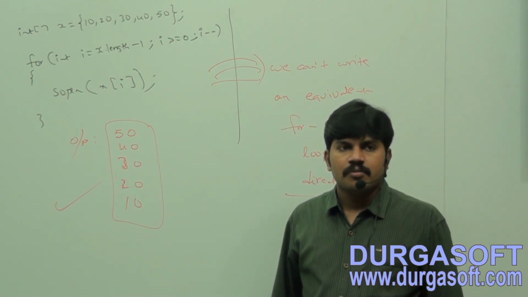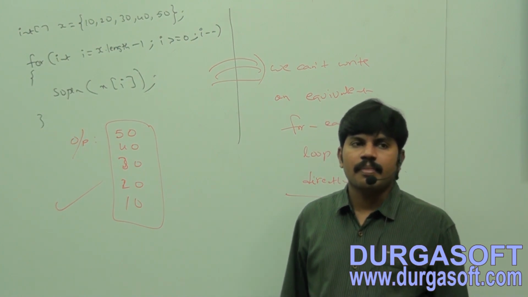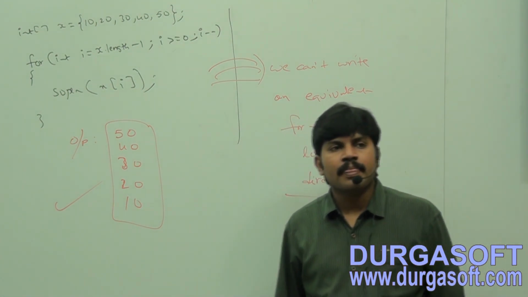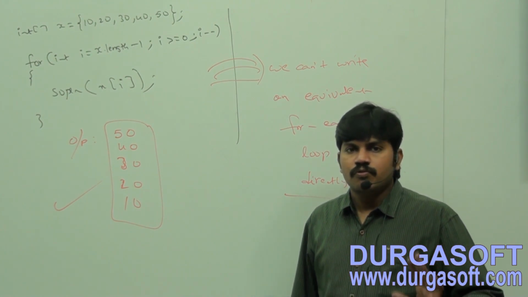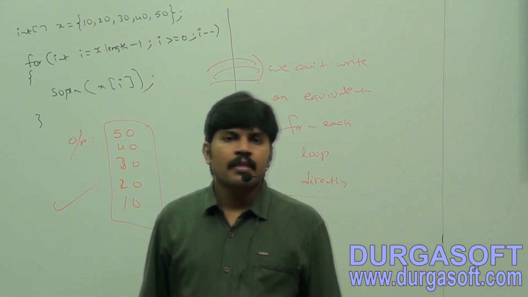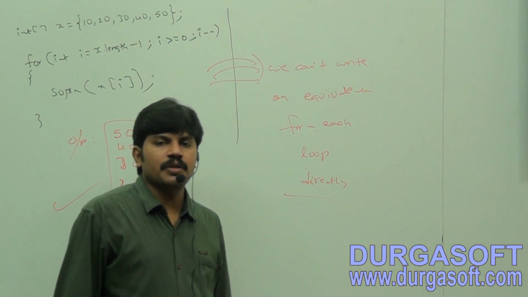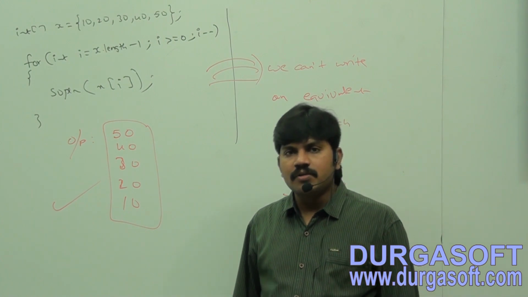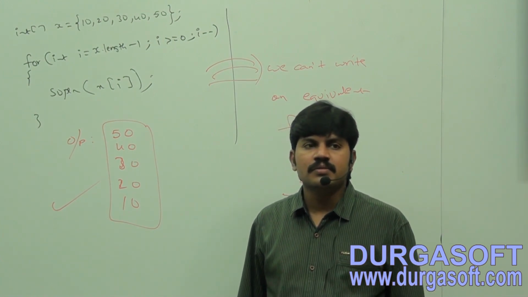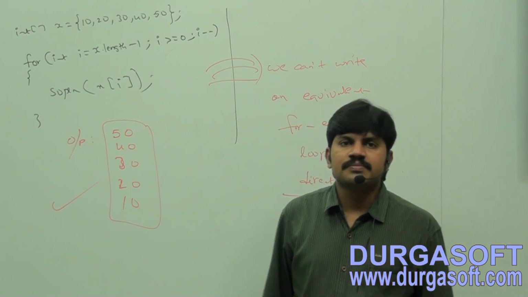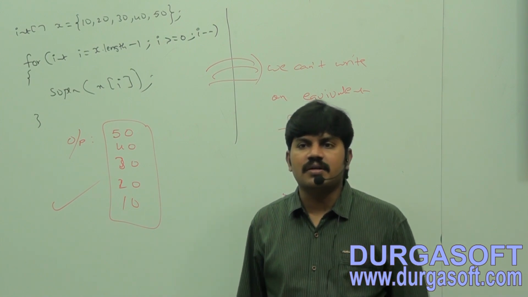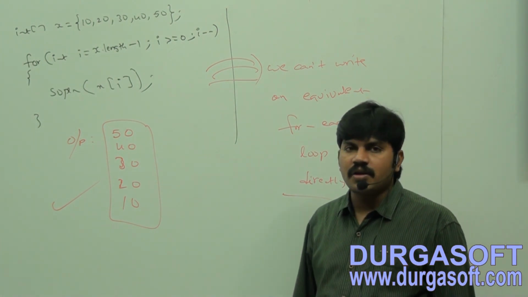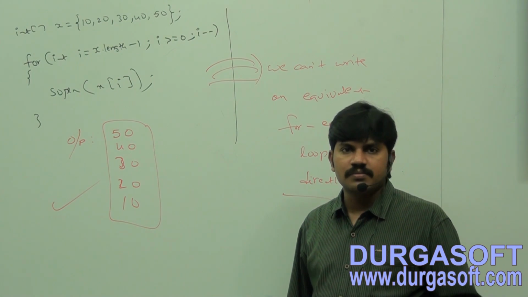But by using a for each loop, we can print array elements only in original order, but not in reverse order. That's all. Clear for all of you?